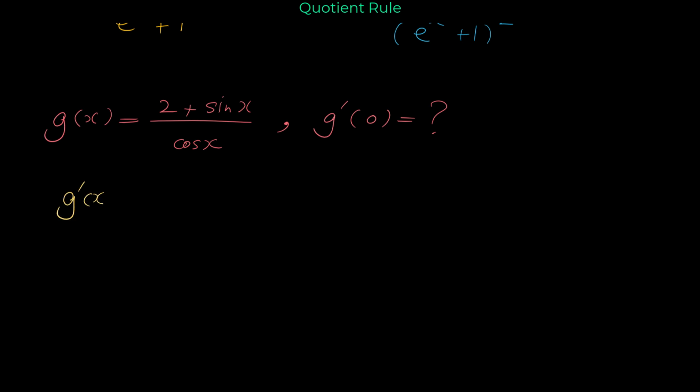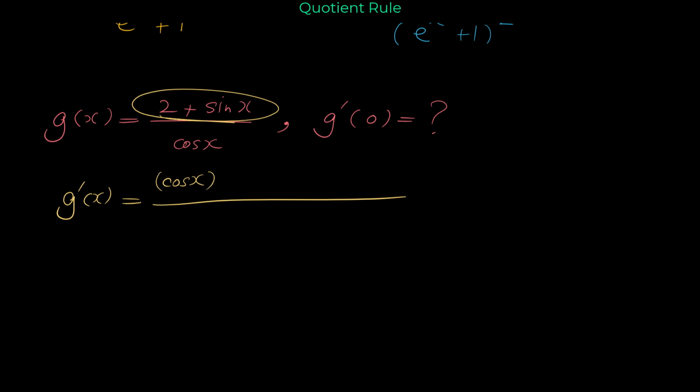G prime, the derivative of function g, equals, take the derivative of the numerator. The derivative of 2 is 0. The derivative of sine x, probably you know, is cosine x. Derivative of sine is cosine. So the derivative of the numerator is cosine x multiplied by the denominator, so multiplied by cosine x, minus, write the numerator itself multiplied by the derivative of the denominator.